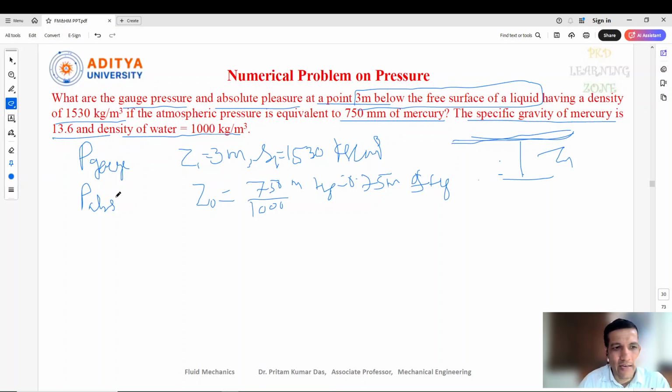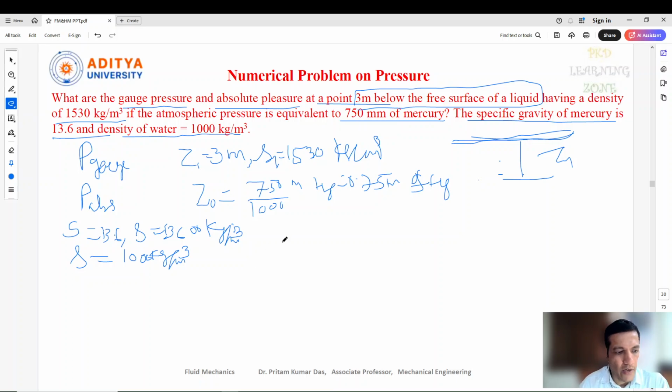The specific gravity of mercury is given as 13.6, so we can calculate the density of mercury, which is 13,600 kg per meter cube. Similarly, specific gravity is not required for water, as the density of water is given directly, 1000 kg per meter cube. So these are the data given for us.